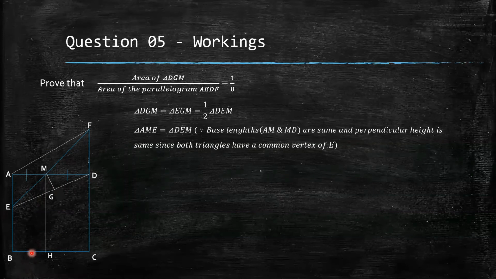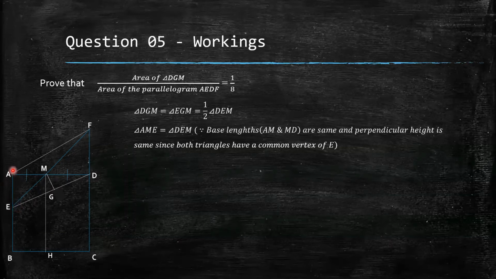And again, because of the same reason, we can state that the area of the AME triangle will be equal to the area of DEM. DEM is this. The base length is MD and here the base length is AM. Those two are equal. And the perpendicular height is AE. It has a common vertex.